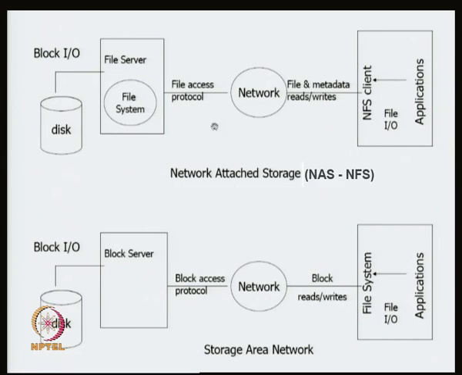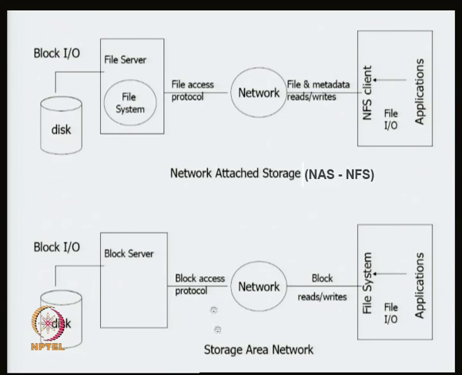The other way to do it is to think not at the SCSI level, but at the file level. You think of the application talking to the storage system at the file level, not at the block level. If you are using SCSI, you are essentially going to be doing it at the block level, whereas if you go to a slightly higher level protocol, the file protocol, then that is going to be using these lower level, possibly SCSI kind of protocols to access it.